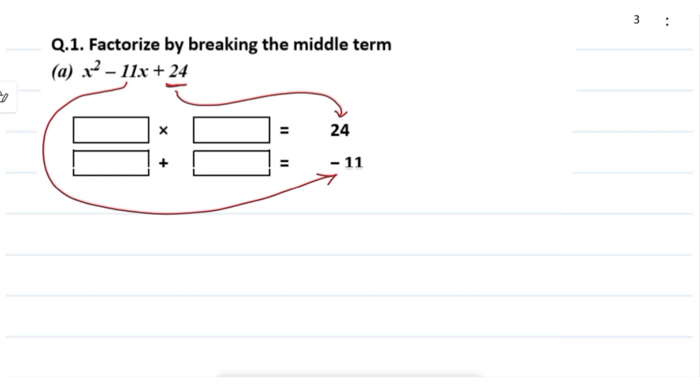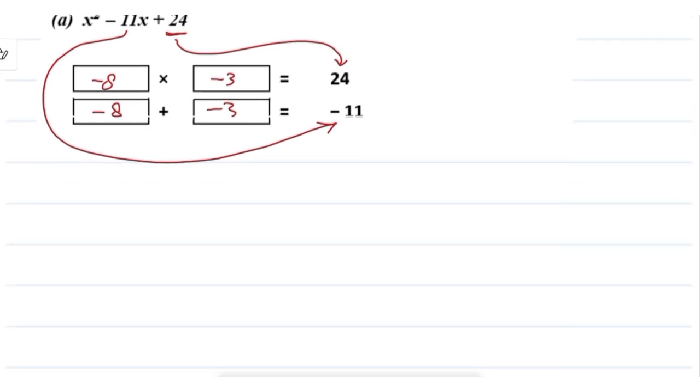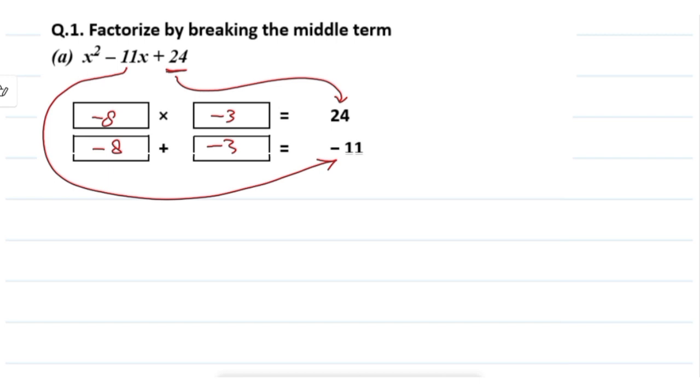Looking at the previous example, we know this must be -8 times -3, which is plus 24, and -8 plus -3 gives -11 as a sum. So the midterm will be broken into two parts, -8 and -3. The -11 will be broken into these two terms.